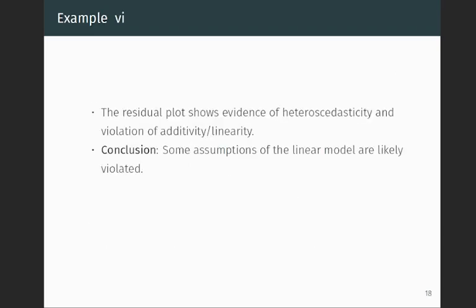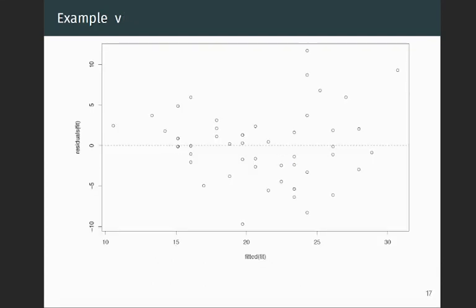Okay, so the residual plot, as I said, shows evidence of heteroskedasticity in particular, and violation of additivity and linearity. So if I just come back here, heteroskedasticity means unequal variances. And so it looks like the variance for smaller values of the fitted values is lower than the variance for larger values of the fitted values, right?